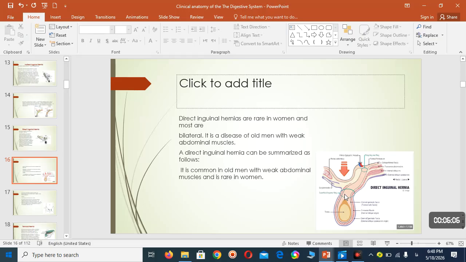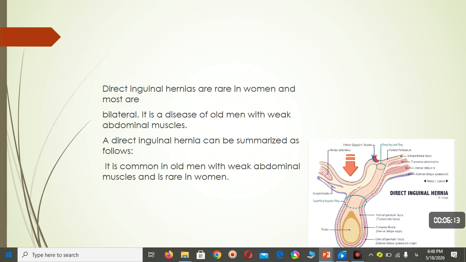We speak about the inguinal hernia. Direct inguinal hernia in women is rare. This means much less common.